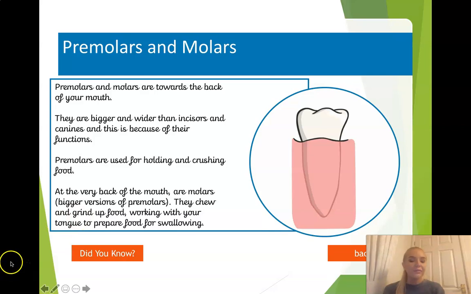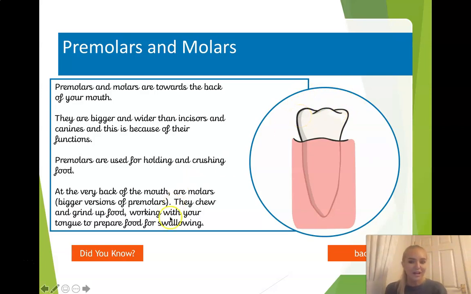Can you feel them? You can feel a little indent where it goes up into the tooth, and you can also feel the sides. These sides are called cusps, okay? It's like a really tiny wall that you can feel when you feel your teeth.